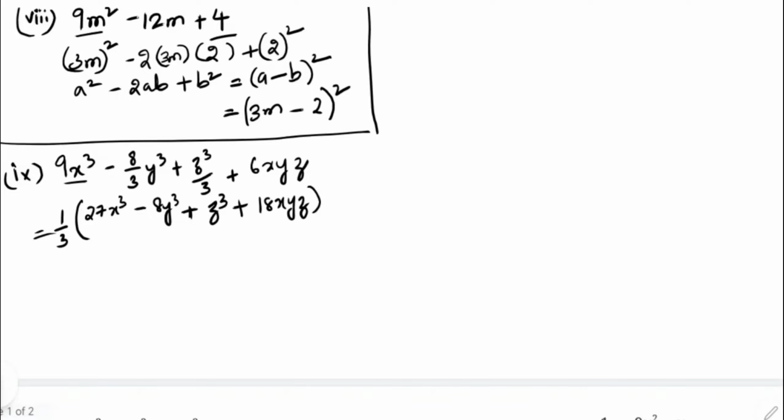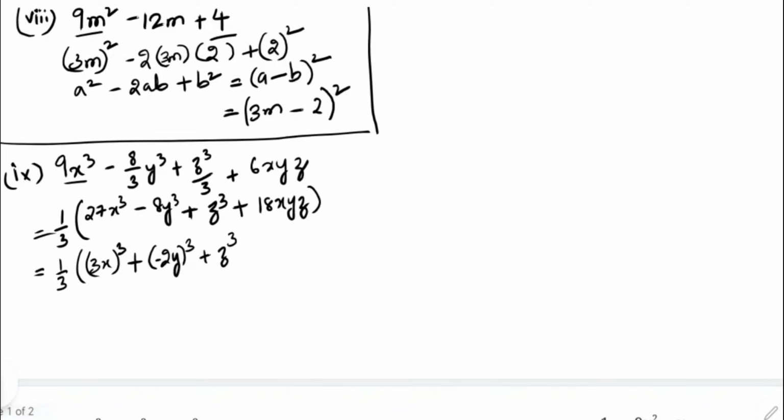So we got that common. Okay, 1 by 3 into 27 can be written as 3x whole cube minus 8, let us write negative 2y whole cube plus z cube.